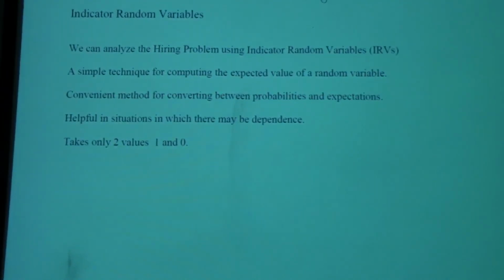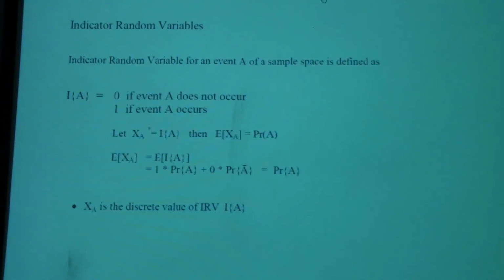And we have the IRVs only taking 2 values, which is 1 and 0. So basically, the indicator random variable for event A is 0 if the hiring does not occur, 1 if the hiring occurs. So again, it's a very simple 0, 1 case.